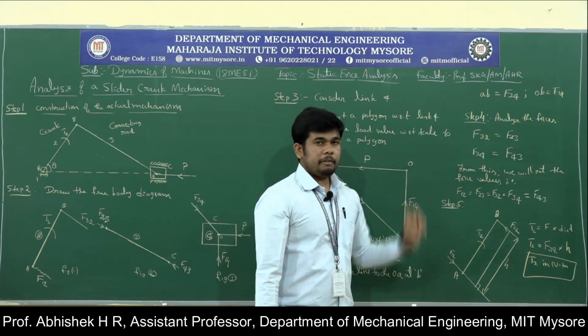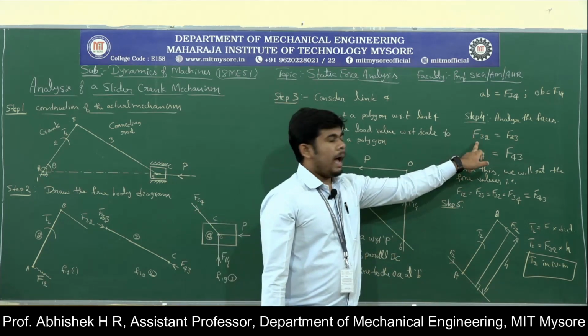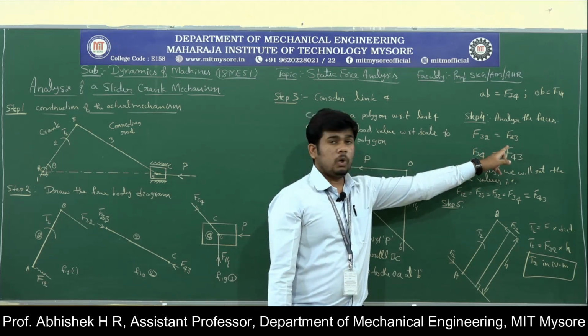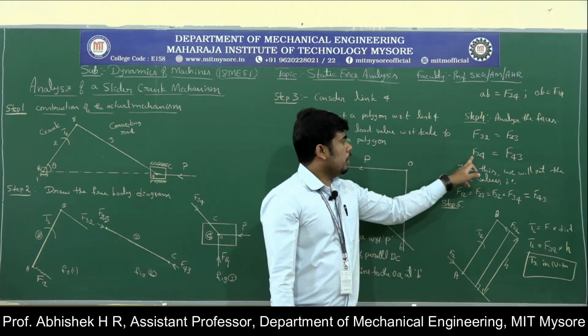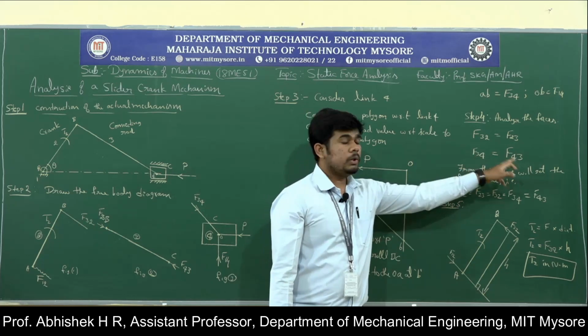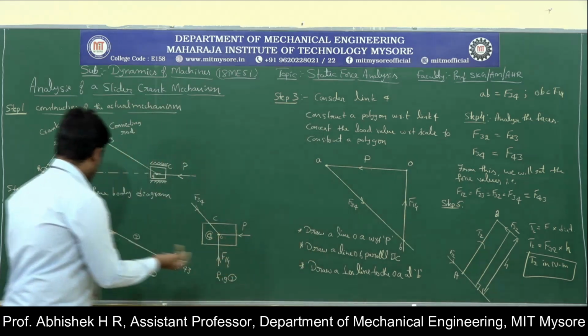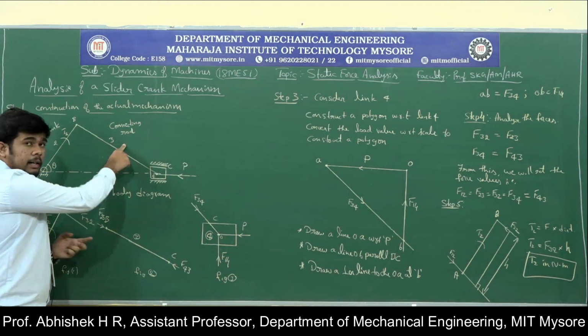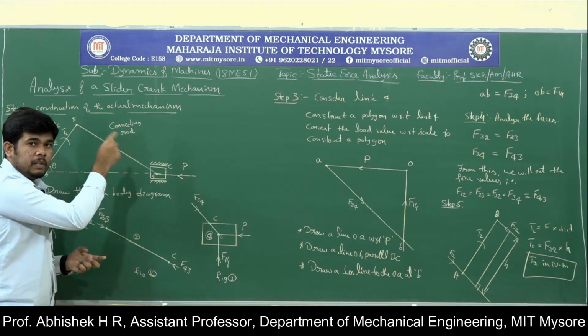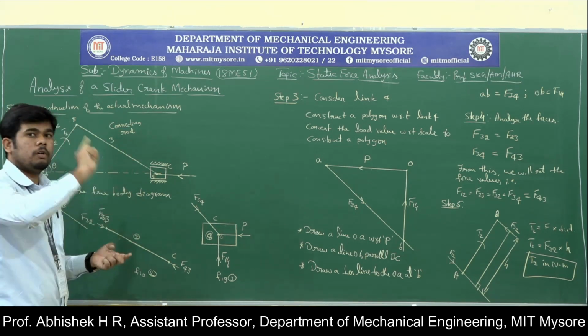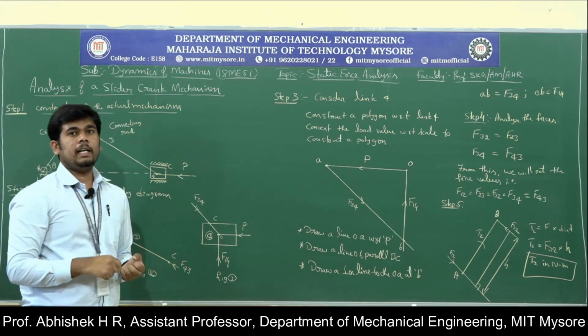Next, analyze the different forces. As per the two force member condition, F32 is equal to F23, and F34 is equal to F43. Why? Because there are two possible cases: the force of link 3 exerting on link 2, as well as the force of link 2 exerting on link 3.